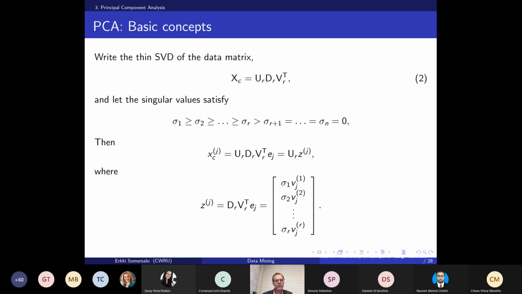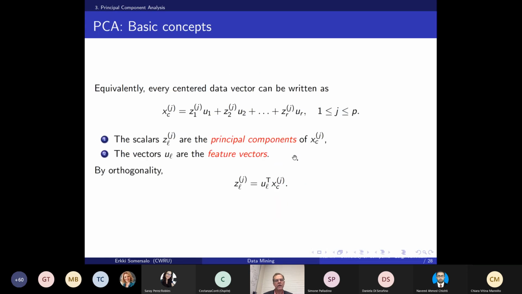So what I'm doing here is I'm presenting my centered data as a linear combination of the singular vectors of my matrix xc. And each one of those data points, xj, has this structure. So they are all linear combinations of the singular vectors Ur.